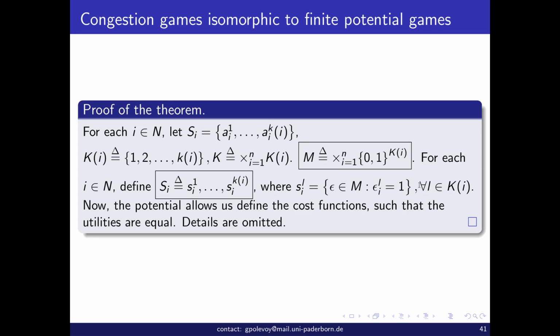So for each player, let us just recapitulate. We have written down the strategies of the player in the original game, and we denoted that the player has ki strategies, and as before, let me just change it so that you will see it clearly immediately.